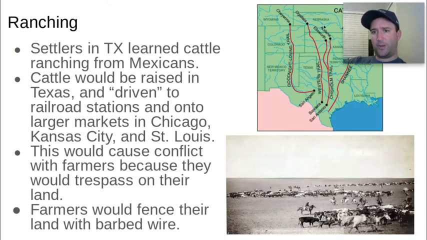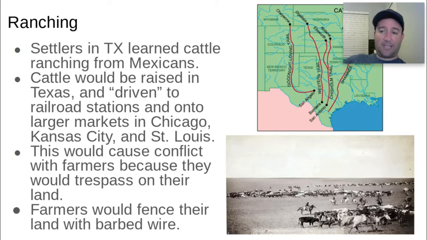These were along the railroads, and so they drove these cattle upwards here, and then they got them onto rail cars, and then they moved them back east to cities like Chicago, Kansas City, St. Louis, where they had big slaughterhouses, and they would slaughter the meat and package it and send it back east to be sold, right? So those are things that happened as a result of westward expansion.